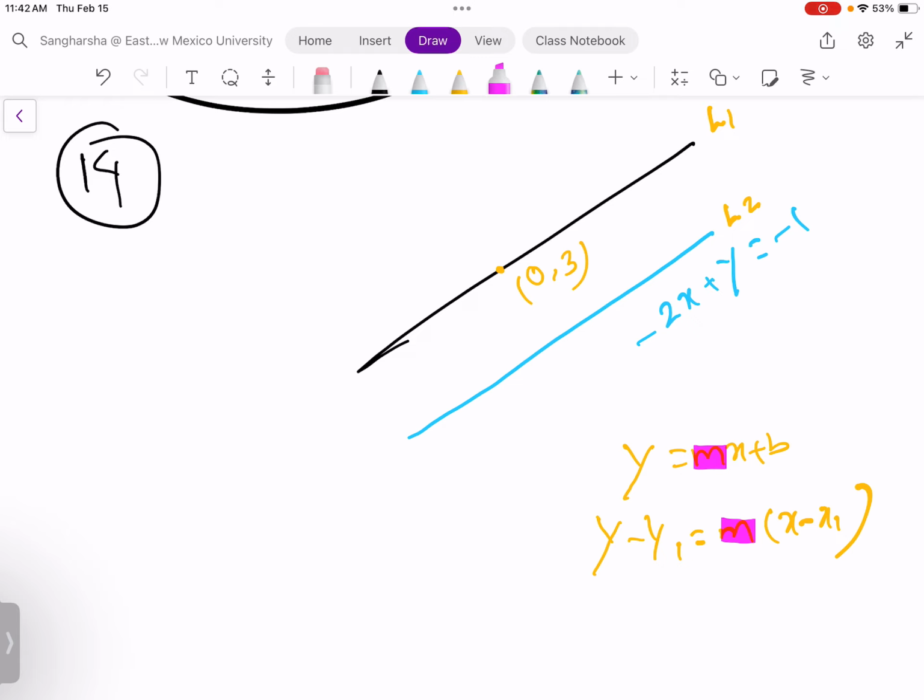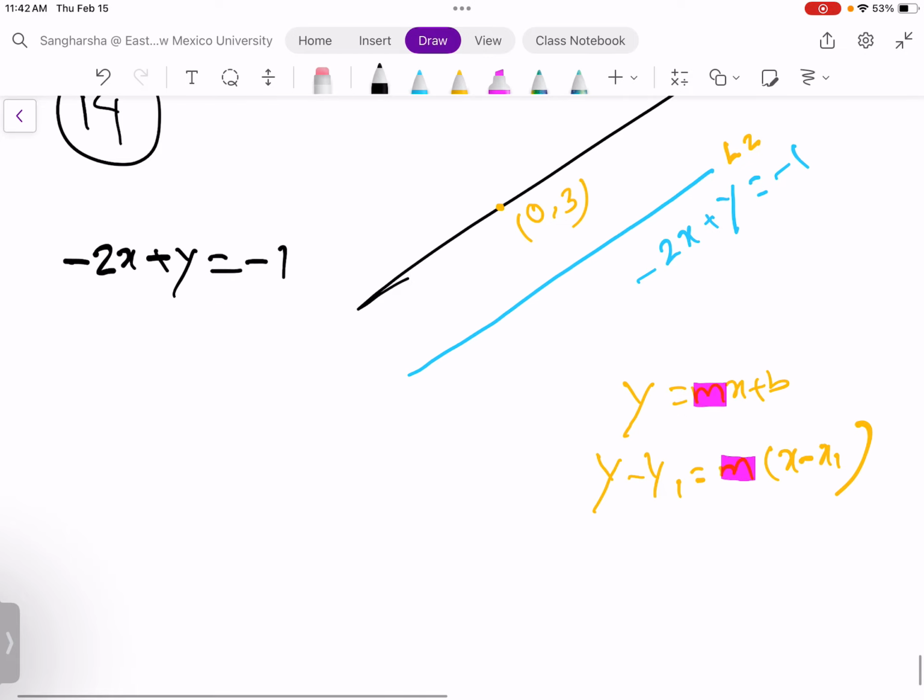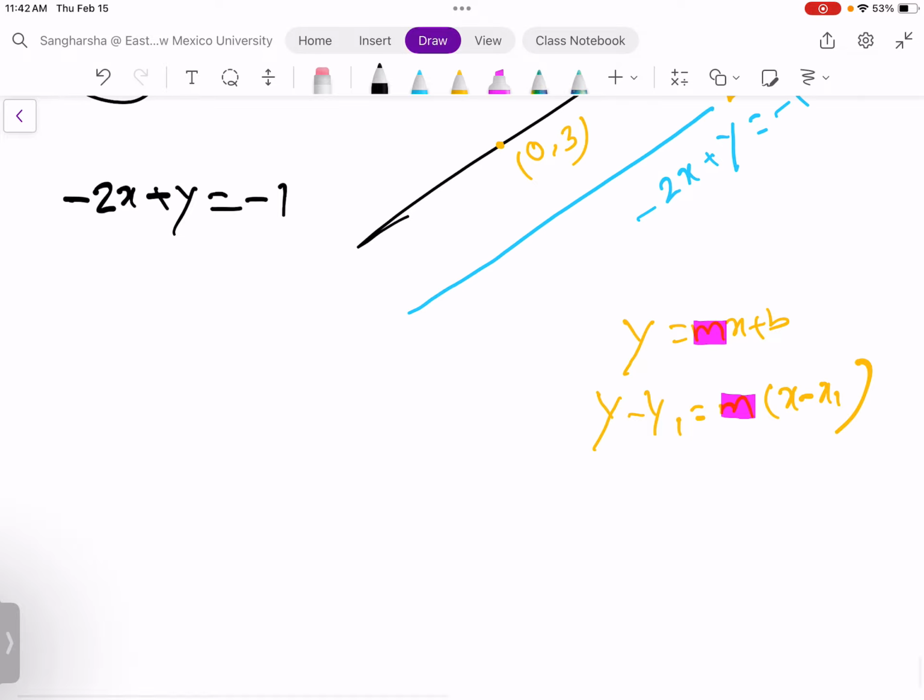So let's take our line 2, which is -2x plus y equals -1. Finding the slope means you are solving this equation for y. So let's solve for y: you add 2x on both sides.